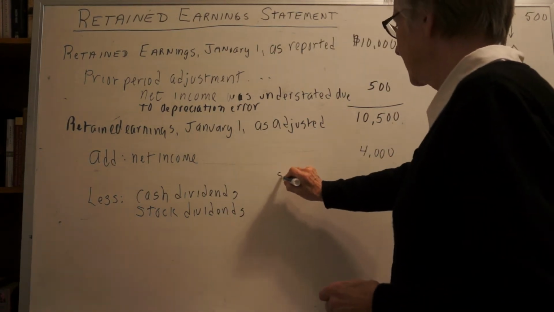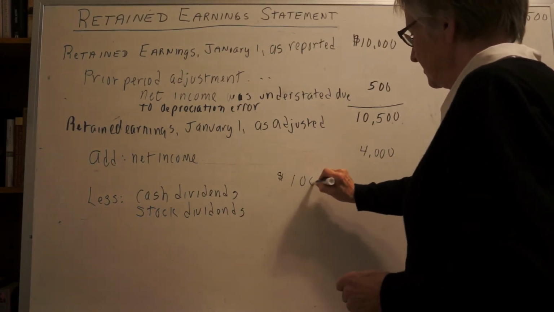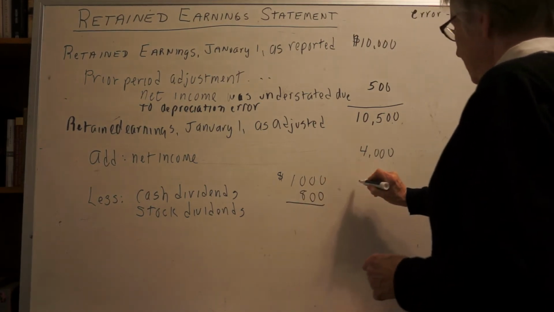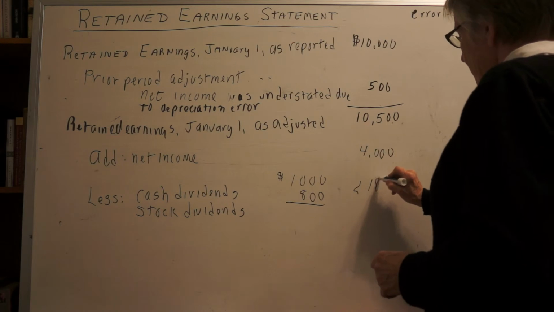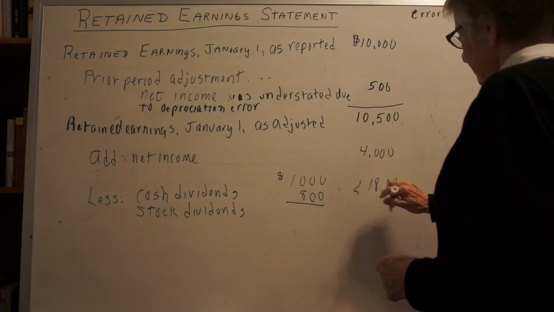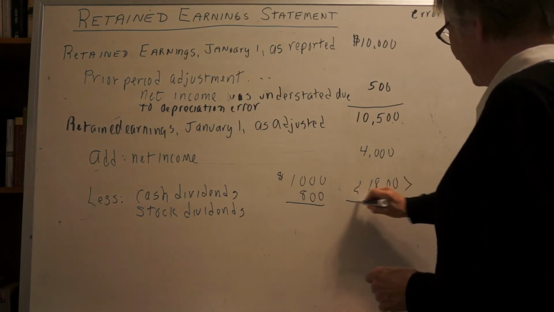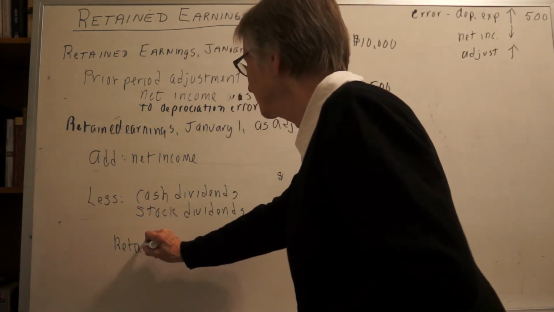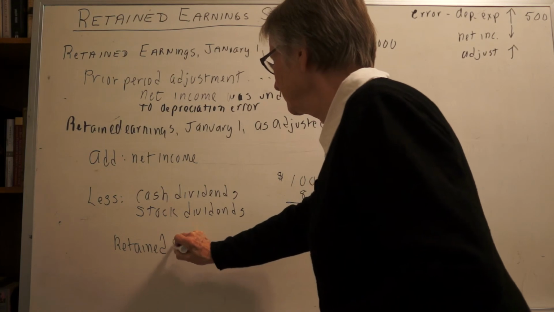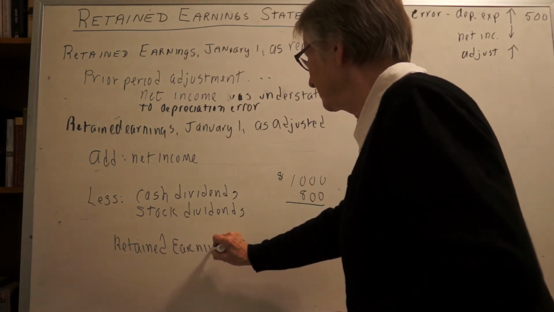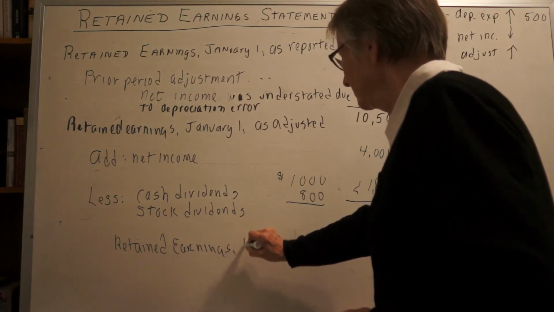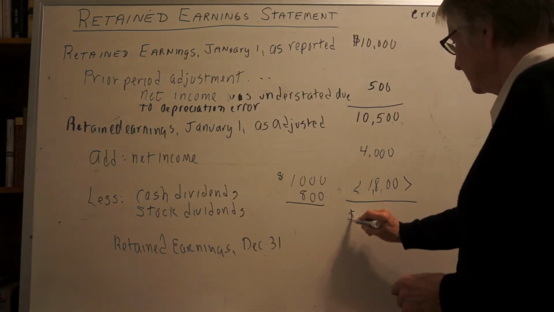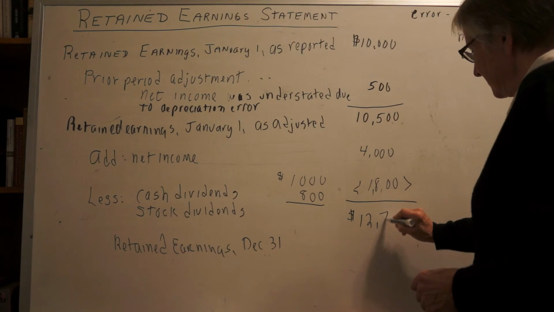I think I had 1,000 here and 800. So we're taking off 1,800 in dividends, and so we end up with our retained earnings at 12,700.